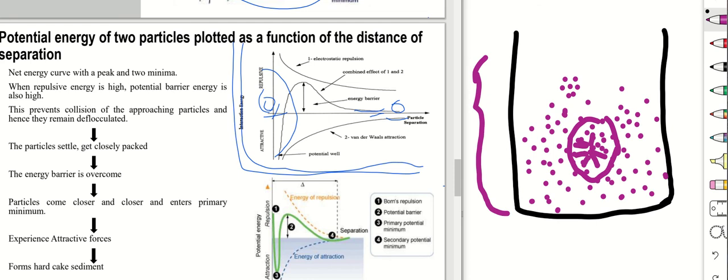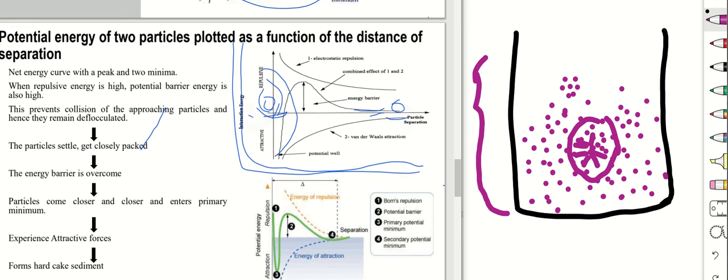When there are more repulsive forces between these two particles, when they are supposed to come closer, they need to overcome a high potential because both are having repulsive forces. They need to overcome the higher potential barrier. So because of this higher potential barrier, these particles cannot come closer, rather they remain as a deflocculated one.